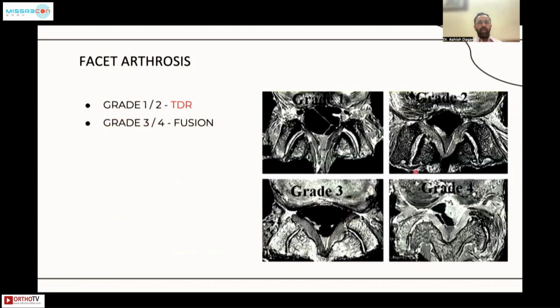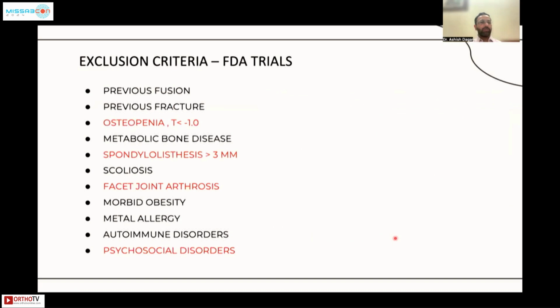Up to grade 1 and 2 facet arthropathy, we can choose total disc replacement, but with higher grades of facet arthropathy, we need to go for fusion rather than total disc replacement.